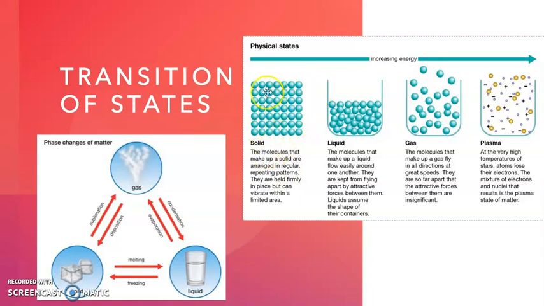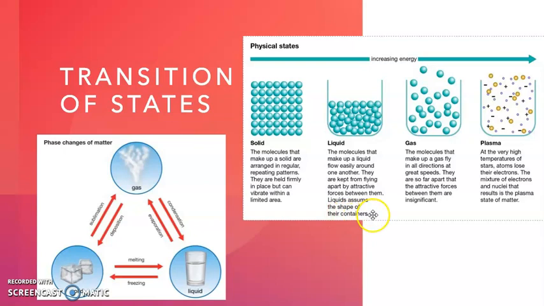So they have a definite shape and volume and a firm structure, whereas in liquids, the molecules flow easily around one another, but they are not allowed to leave the phase boundary, and so they are kept from flying away by attractive forces between them.